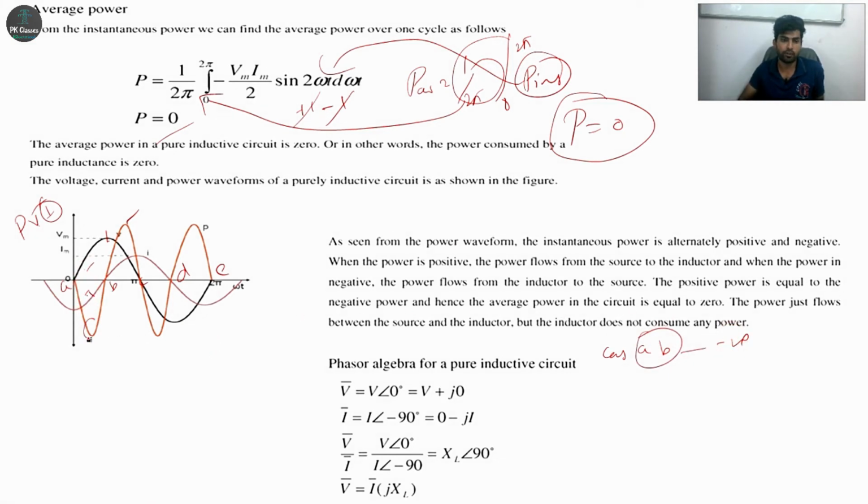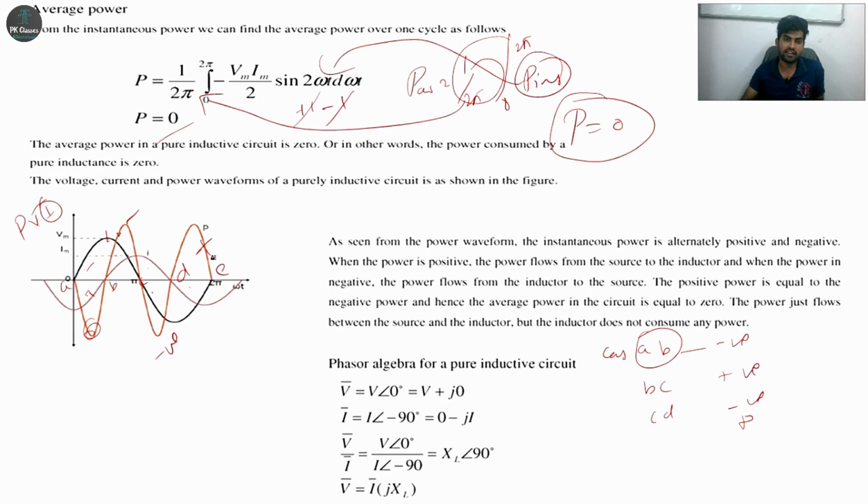See, negative power. Okay, next the voltage is positive, current is also positive, positive power, that is B to C, positive. And next the current is negative, voltage is positive, so negative power, so C to D, negative power. And then D to E, see, voltage is negative, current is also negative, positive power.